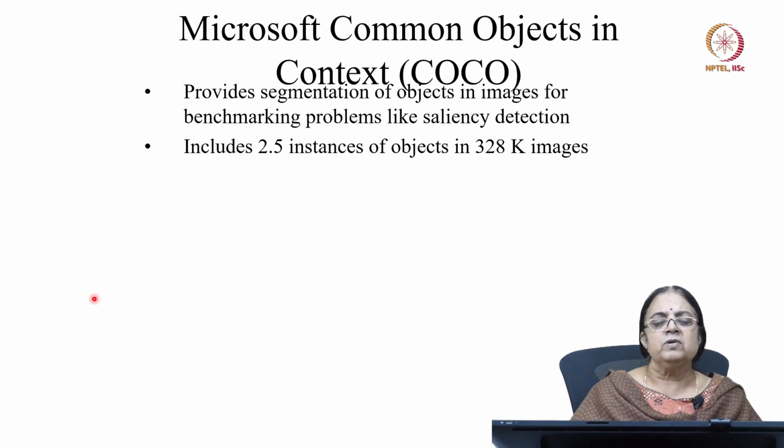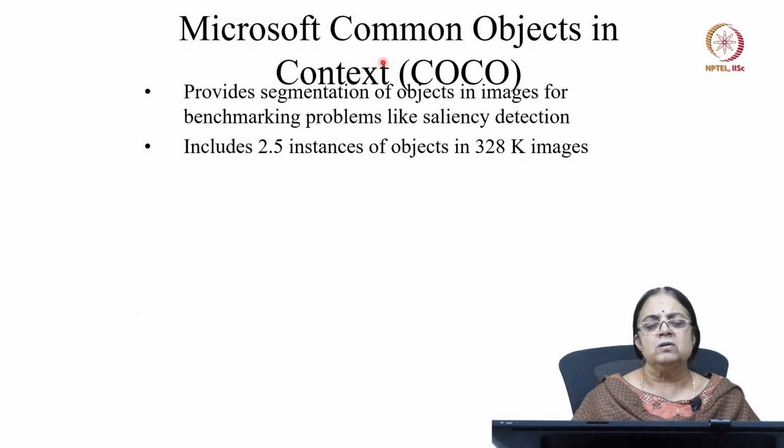Then you have what is called the COCO data set, Common Objects in Context. So these are actually images in which the segmentation has been provided. So if you're carrying out some type of segmentation, you can check how well your segmentation is behaving.